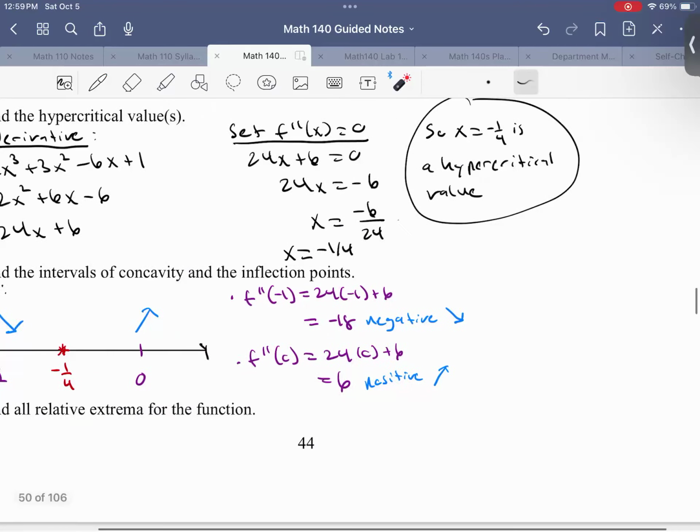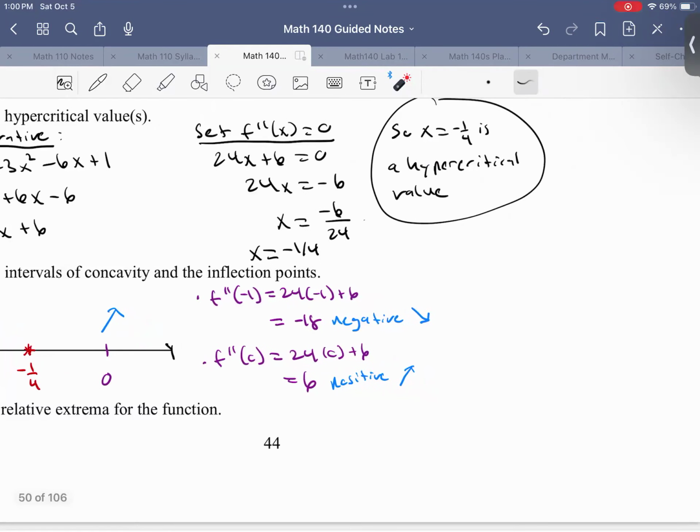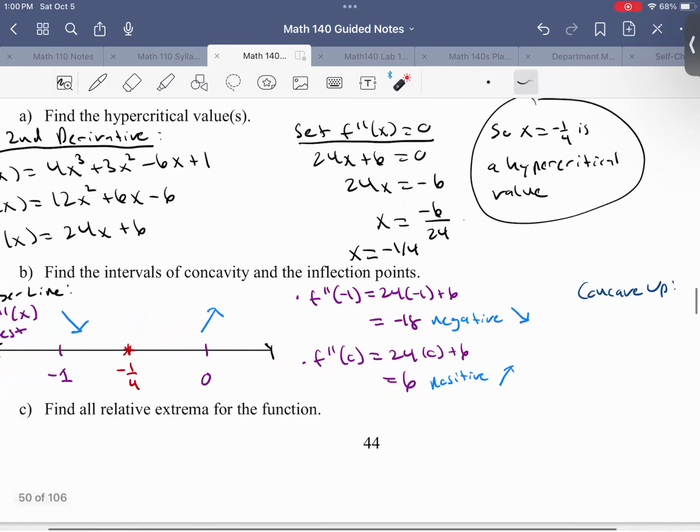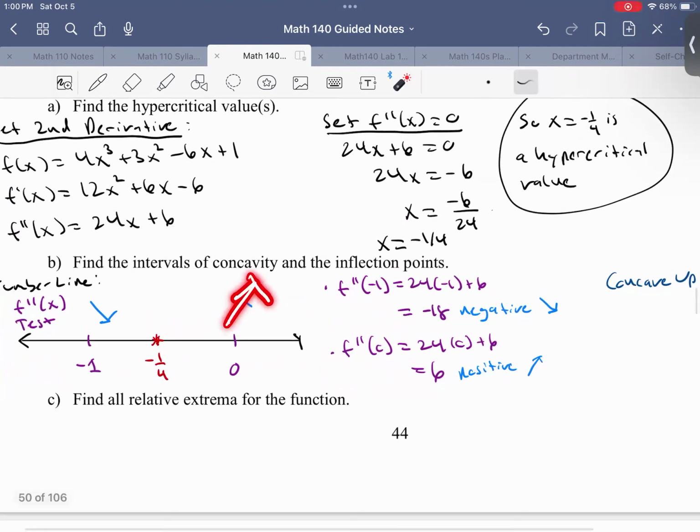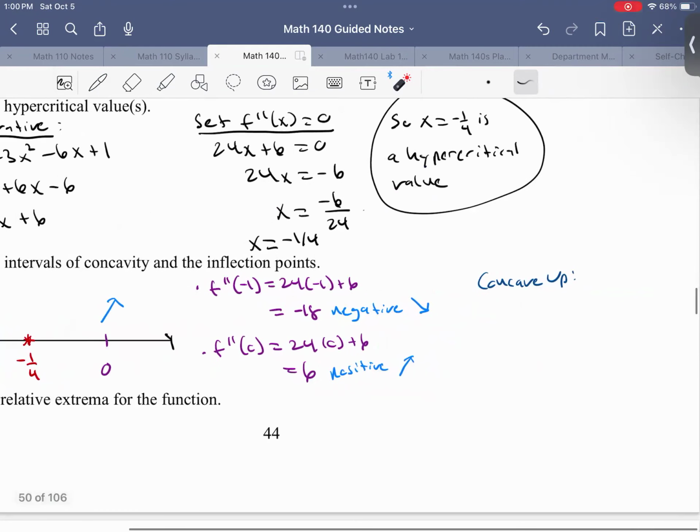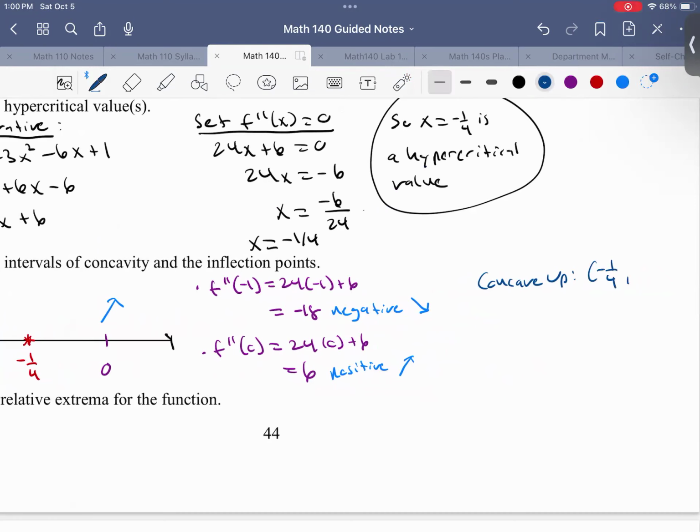So we're going to be using negative infinity and infinity in our concave up, concave down statements. So I'll say concave up, right? We're concave up when we're increasing, right? So we're going to be concave up from -1/4 all the way to infinity. So concave up, -1/4 to infinity.